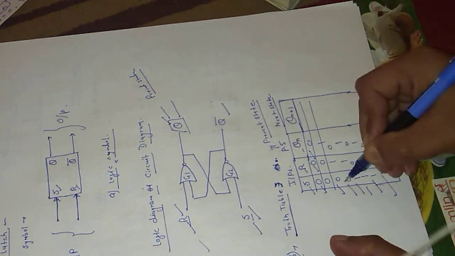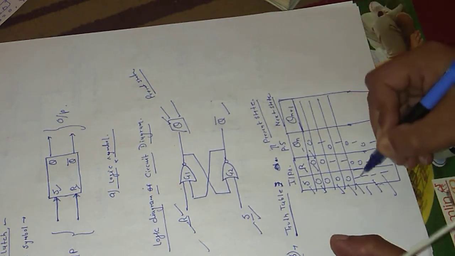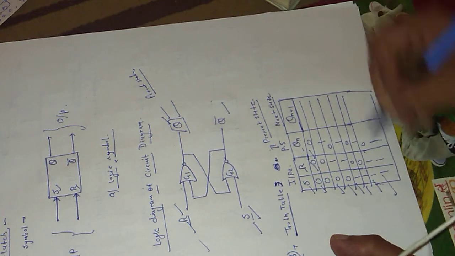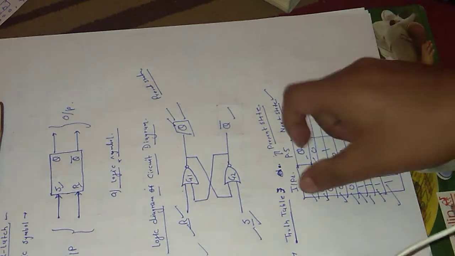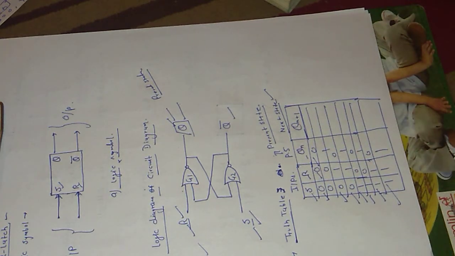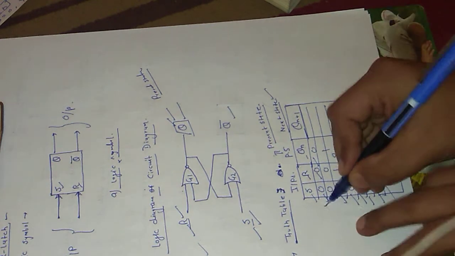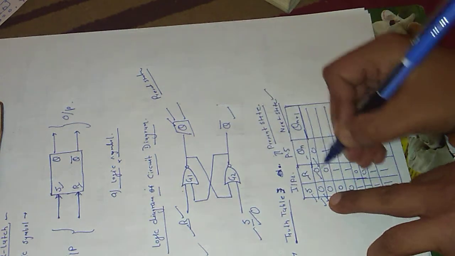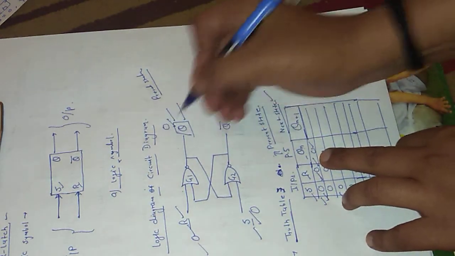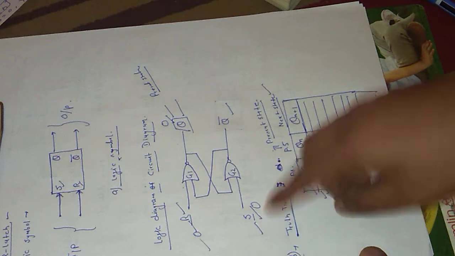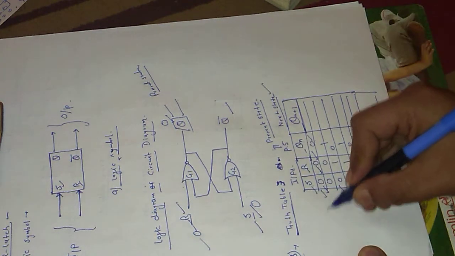Now we will see the values of the next state when all three input variables are given. In the first case, S equals 0, R equals 0, and Qn equals 0.